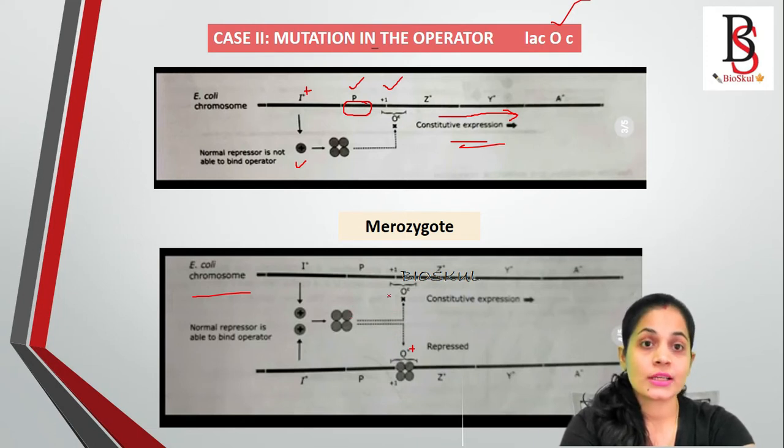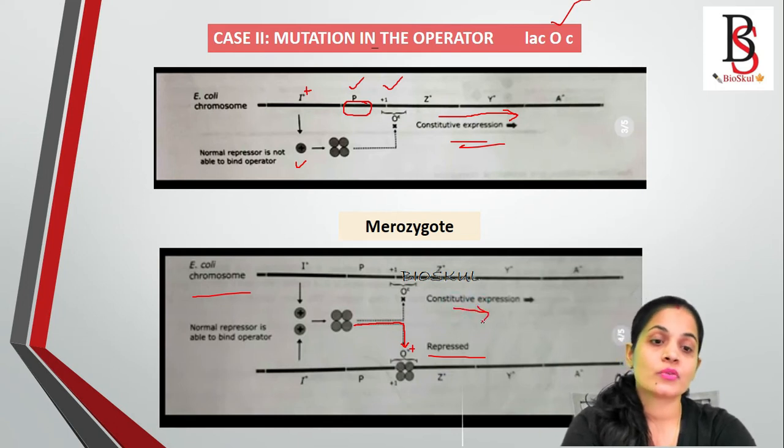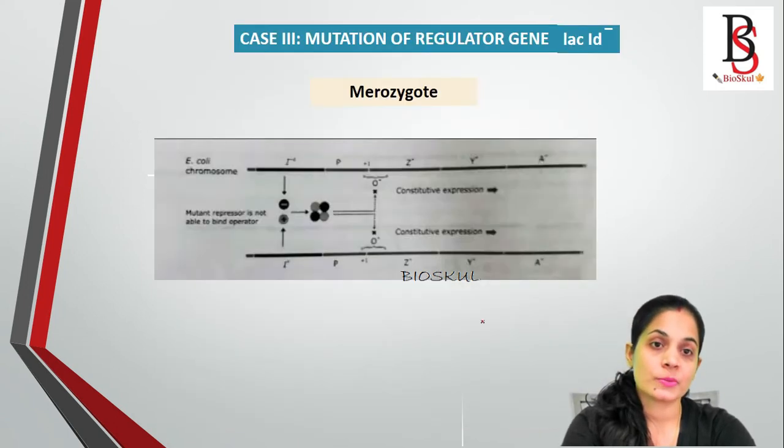This repressor cannot bind to the E. coli chromosome operator as it is mutated, but it can bind to this normal or unmutated operator region. When the operator region is bound by the repressor, this portion will be repressed, then this gene will be repressed. On the other hand, the E. coli chromosome will be constitutively expressed.